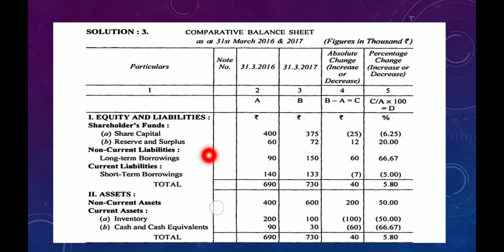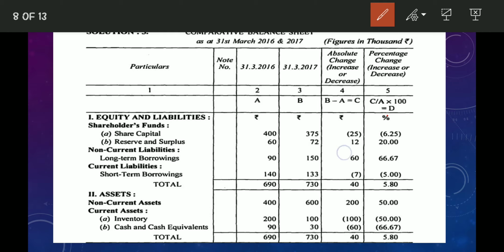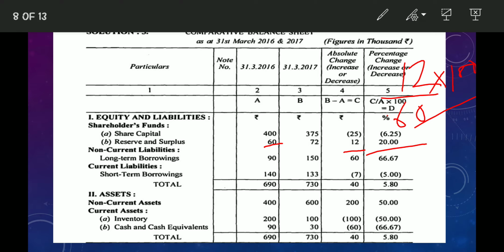Second is reserves and surplus. The previous year is 60, the current year is 72. 72 minus 60 is 12, and 12 upon 60 into 100 is 20. You can easily see how it is calculated: the absolute figure 12 over the previous year figure 60, into 100, right? So 20 will be your answer.